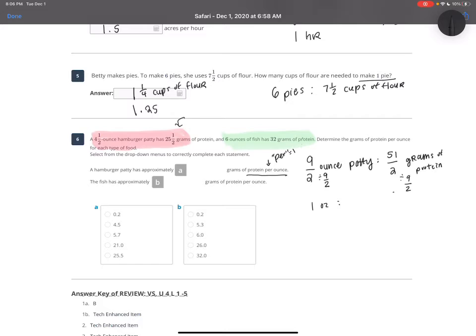Anytime I divide fractions, I apply the multiplicative inverse: I keep the first number, change the division to multiplication, and flip, or take the reciprocal of, that ratio. Now when I multiply, I want to multiply going straight across.